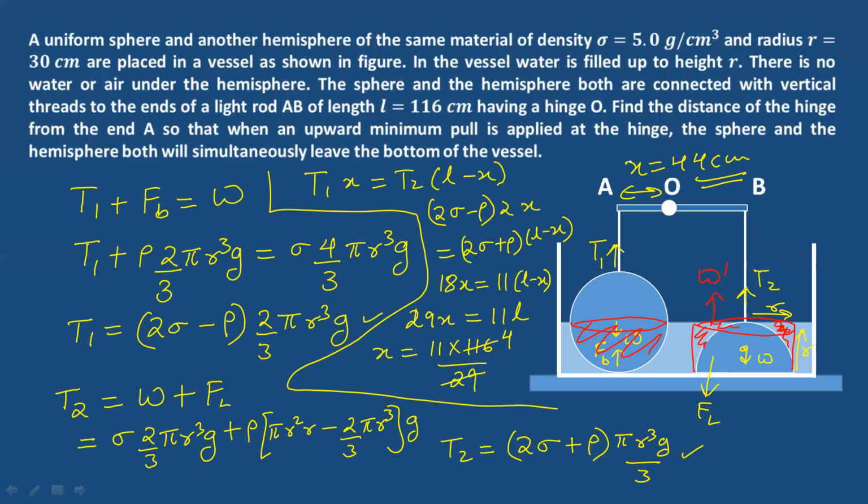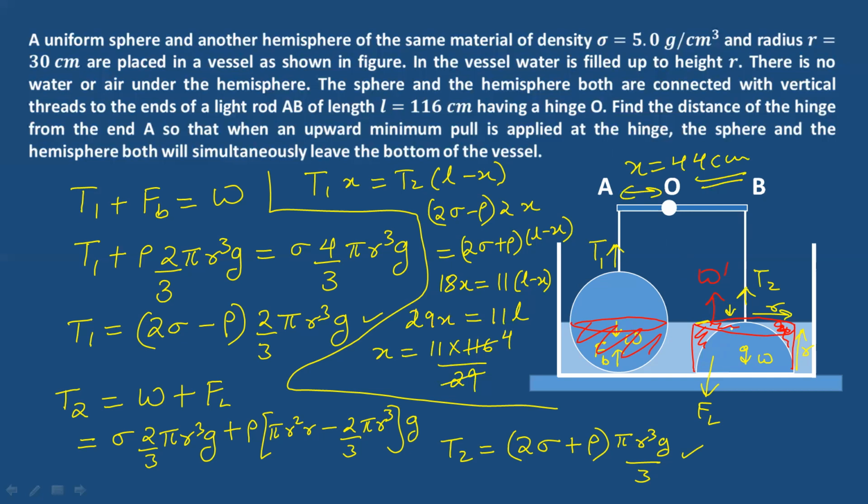I hope you enjoyed this problem. There is a dilemma here, that why didn't we take the force due to atmospheric pressure here. I think most of the problems in the Pathfinder book are ignoring that particular force.